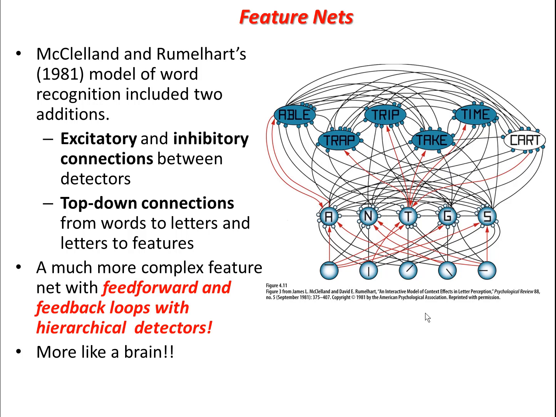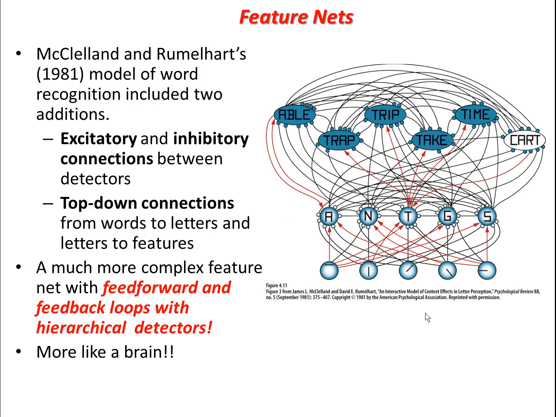So if we are reading a word which looks like a word, then all other nonsense words that could possibly be engineered from the same combination of features would in fact be inhibited. This is a much more complex feature net, having both feed-forward and feedback loops with hierarchical detectors, but at the same time, it's much more like the brain and behaves very much like people do.